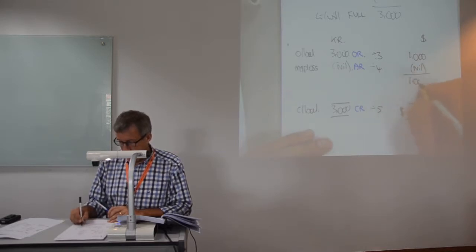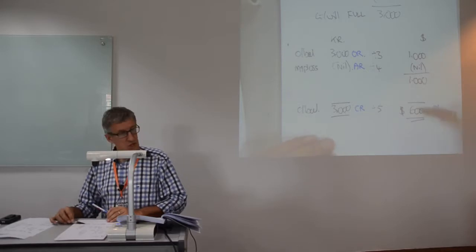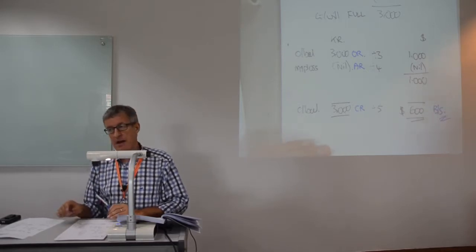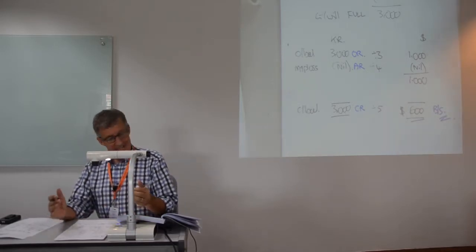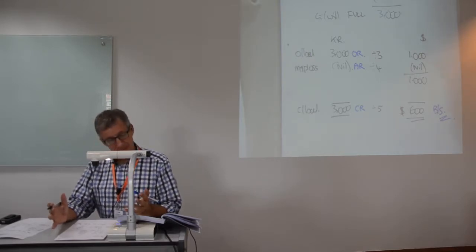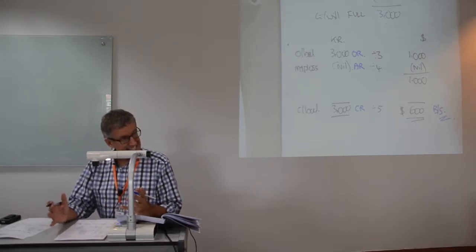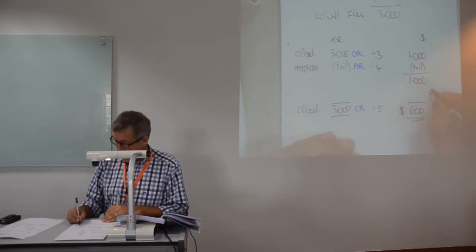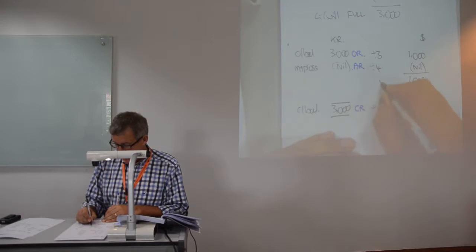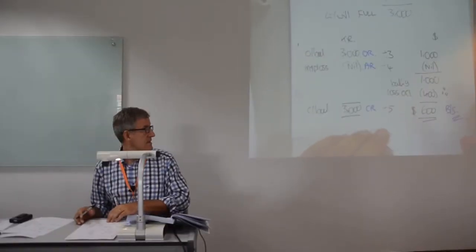So, why has the goodwill changed? The goodwill has changed by 400, and that is not an impairment loss, that's an exchange loss. And that's again a balancing figure, and that's a loss, and that is going to OCI.